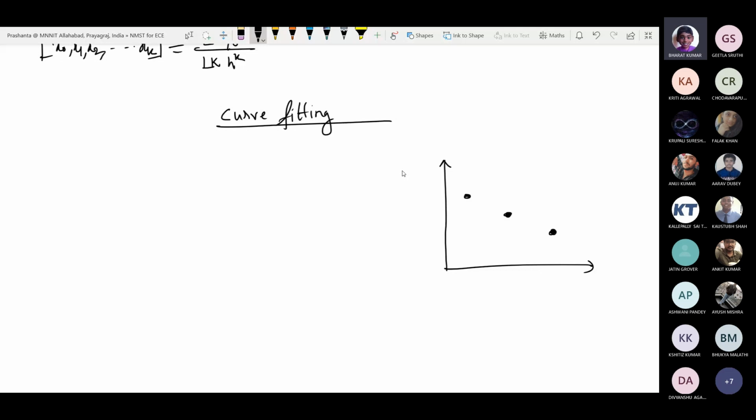Which linear curve? Most probably they are collinear. Suppose they are collinear. Then there will be a unique line passing through those 3 data. If they are collinear, even if some amount of error is there, the line will be passing through all 3 data. There is no other way.